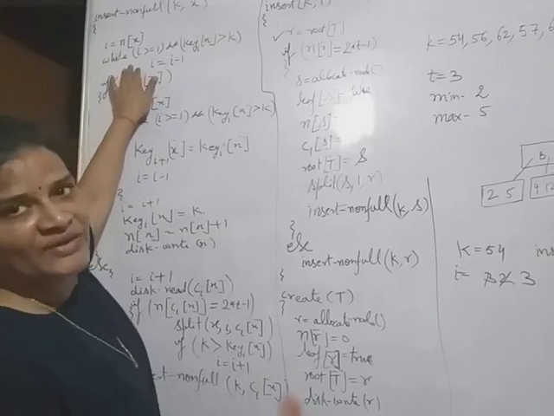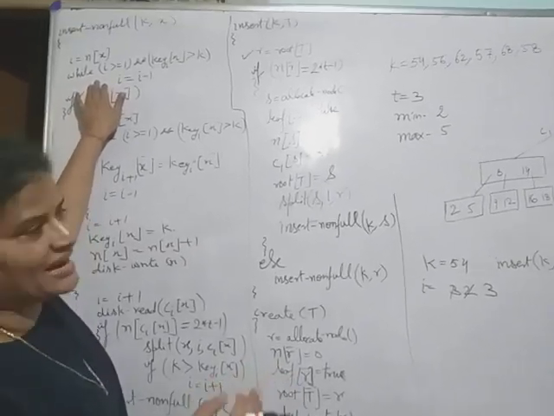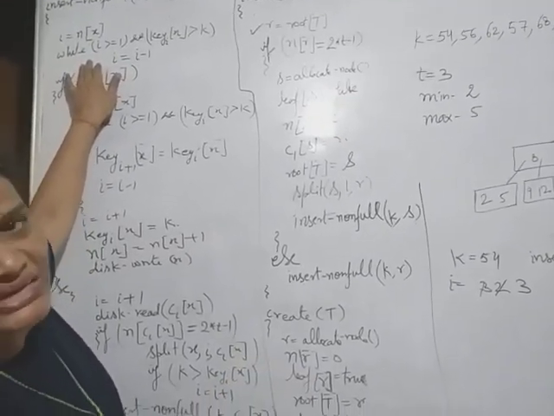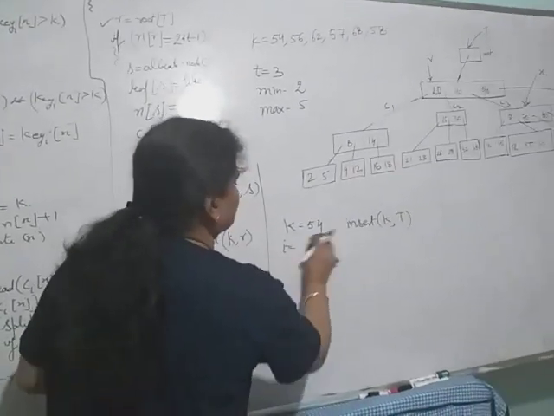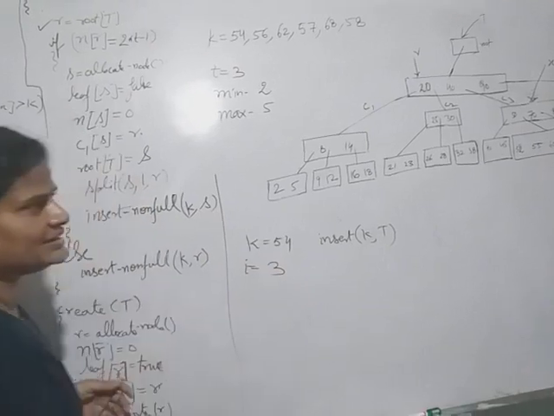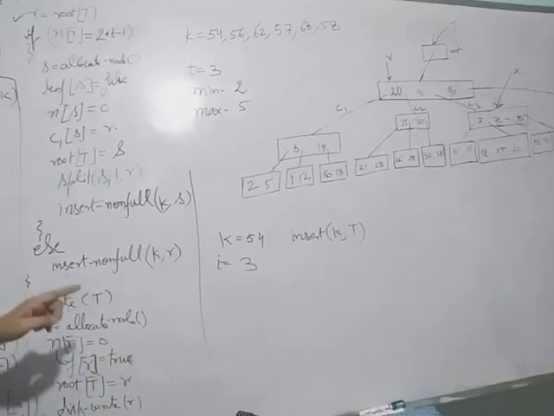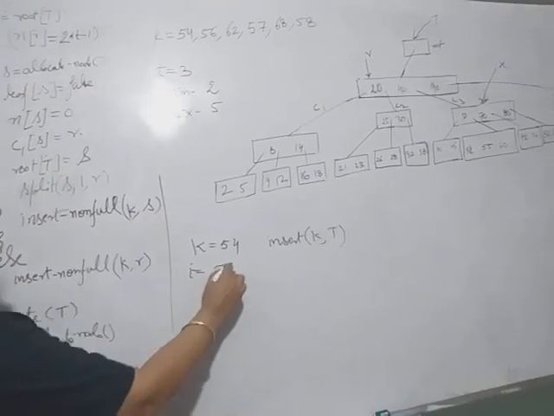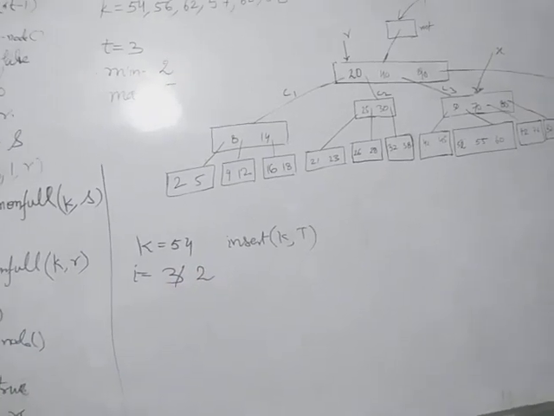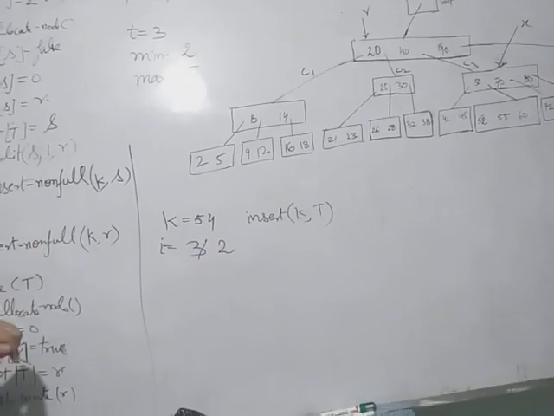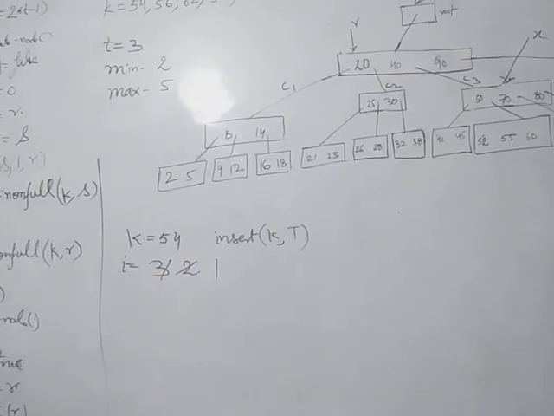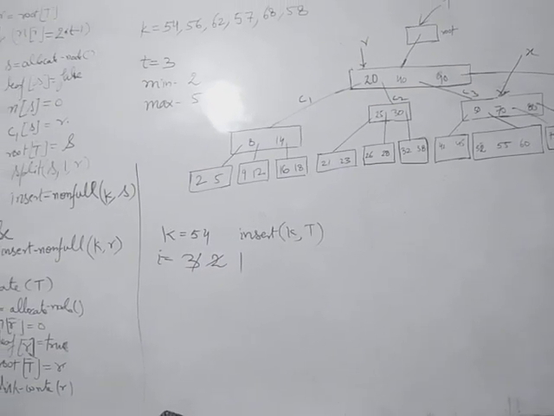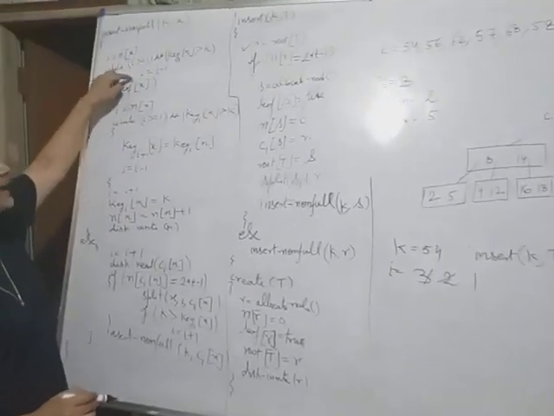This code will find the appropriate child in which 54 can be inserted. It will start with I equal to 3. 80 is greater than 54, so I decrements to 2. Now 70 is greater than 54, so I decrements to 1. 50 is greater than 54, the condition is false. So here I will be 1.